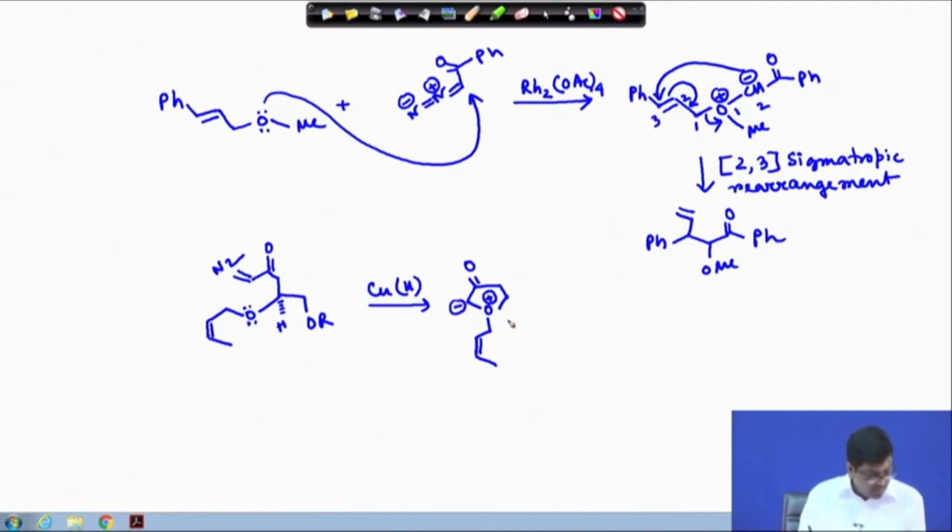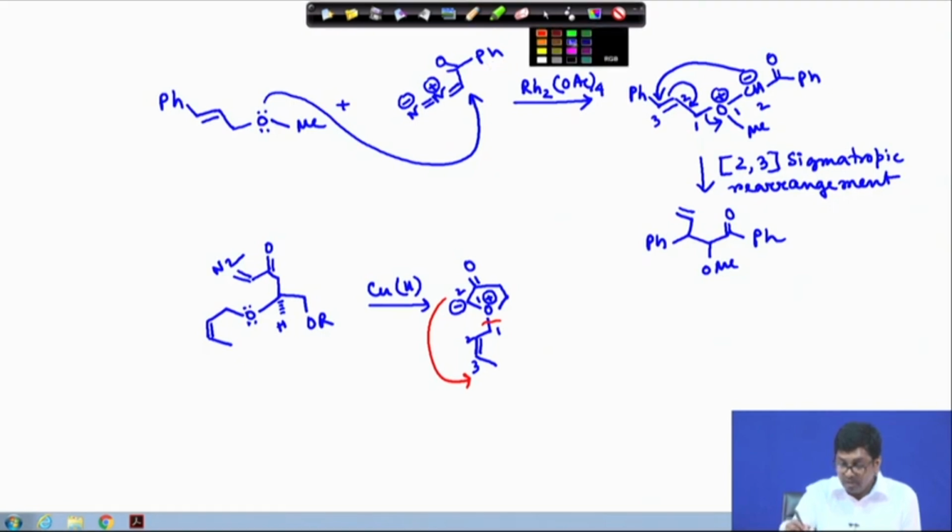Okay. So, now again we will number 1 2 3, 1 2 3, and here also 1 2. So, here what we have, we will see that this sigma bond will break and the new sigma bond will form between these two. Okay. So, now if we see how this rearrangement will happen, it can attack over here, then okay.